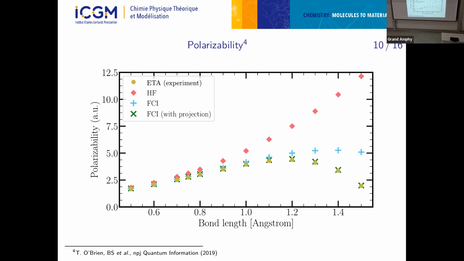But when you add an external perturbation of the electric field, you actually break this symmetry. And so 2 qubits were not sufficient anymore to describe the problem. And so we verified that by doing the projection of the exact solution to the 2 qubits subspace. And we found the same results as the experiment. So indeed, that was the problem. We broke the symmetry due to the external perturbation. We need to have 4 qubits.